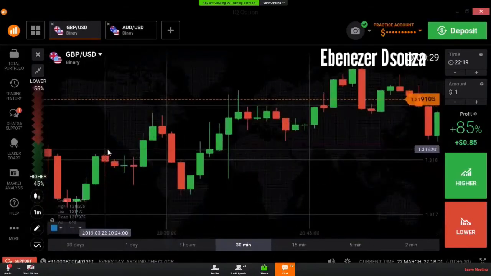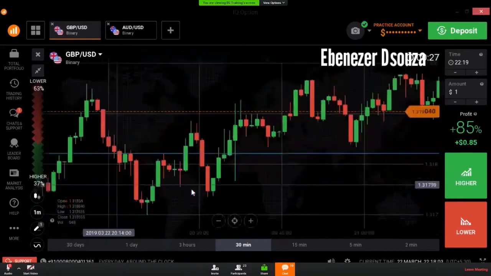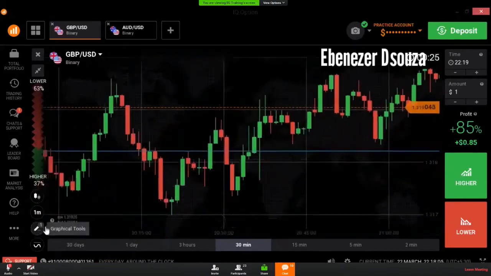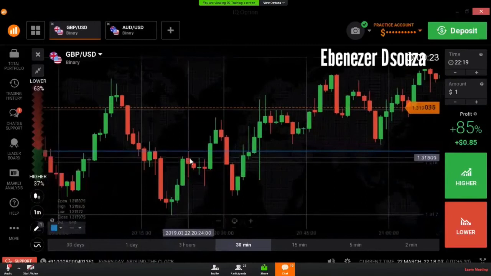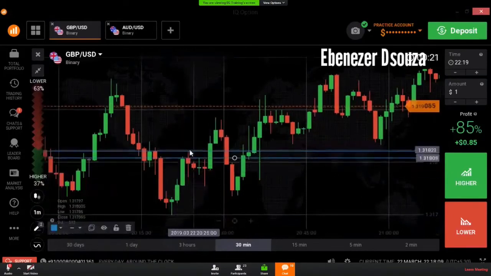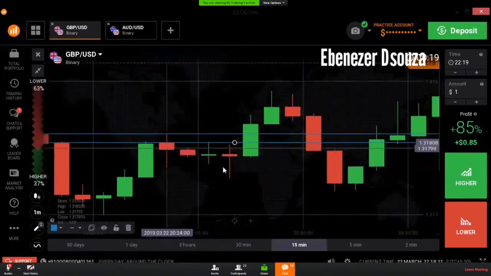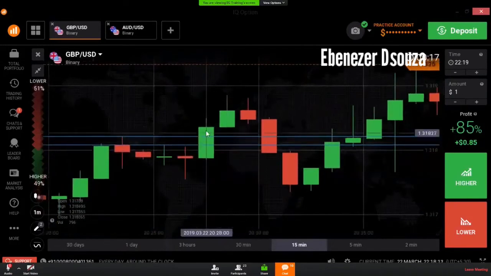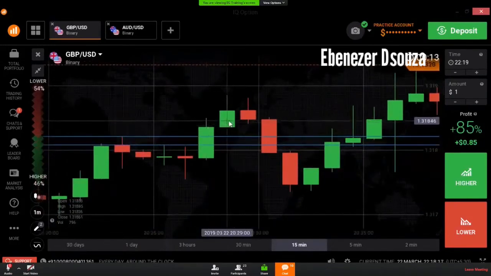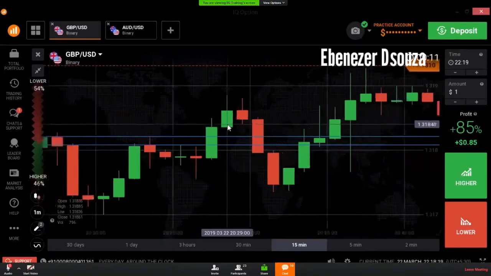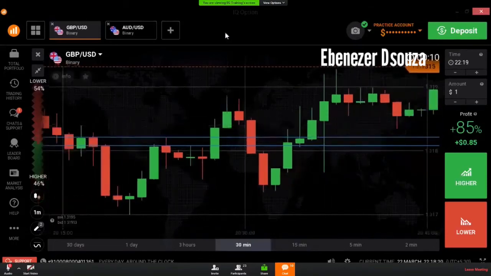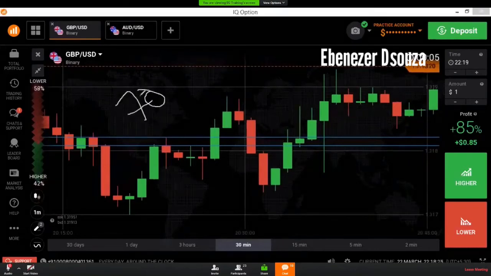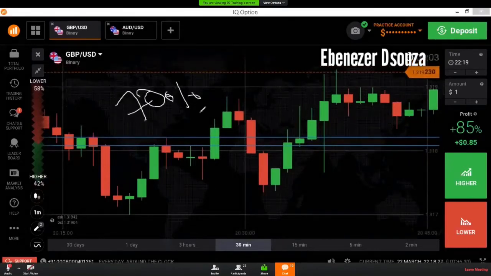Okay, you are seeing a seller's entry from this level. We are seeing a breakout candlestick. You can place your trade on the next candle, because in the market 70% of the breakouts are fake breakouts.